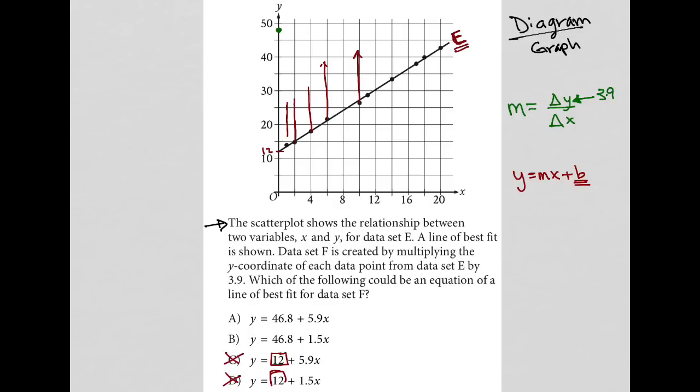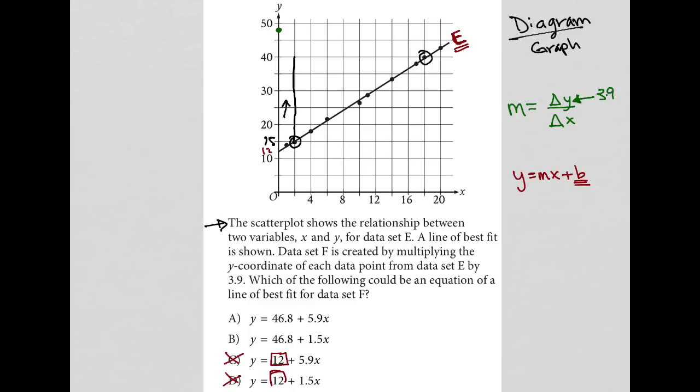All right, and then how about my slope? How will my slope change? Well, my slope from line E, let's see if I can find two good points to determine a slope. I like points that are right on grid intersecting lines. So that one and that one. Looks like I'm at 15 here, and I'd be rising up to 40.